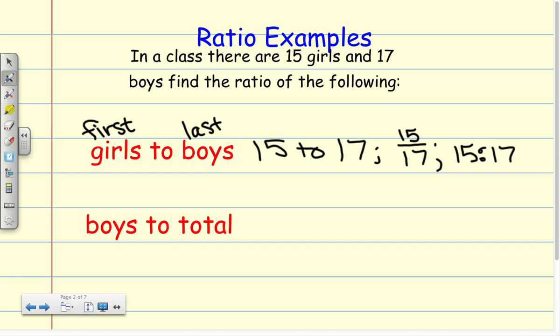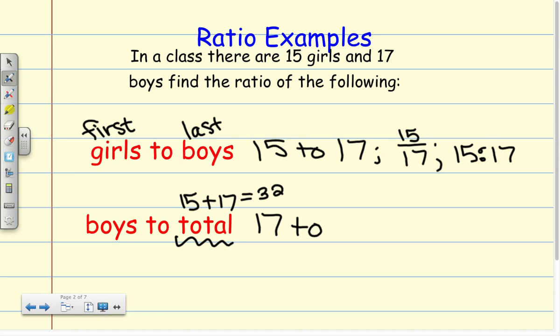All right, boys to total. Who's got that? Anybody? All right, how many boys do I have? I have 17 boys. So I say 17 to, how many total kids do I have? Yeah, total means boys and girls. So I would go 15 plus 17, which is 32.